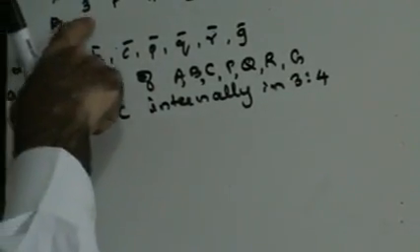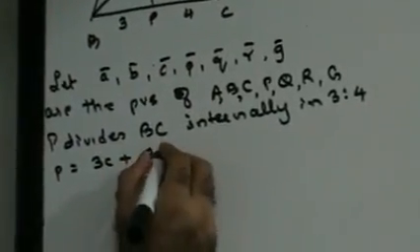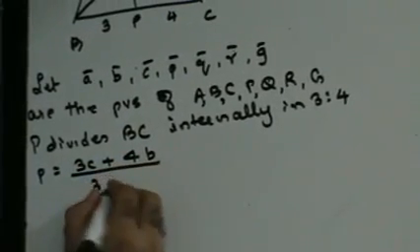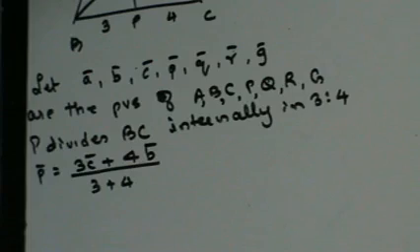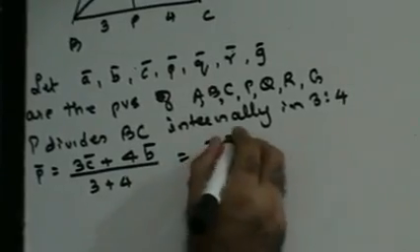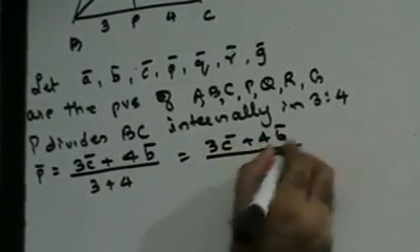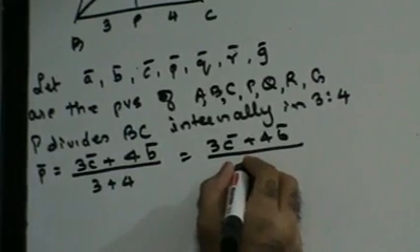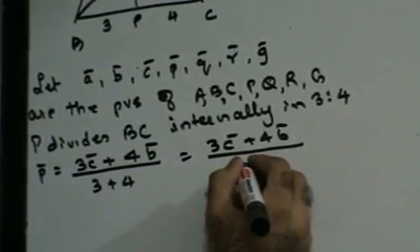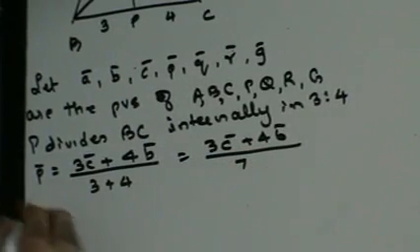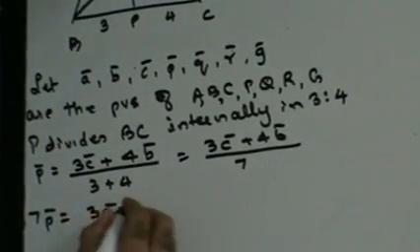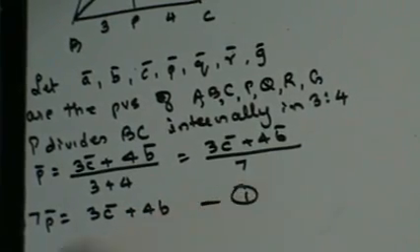If P divides BC internally in the ratio of 3:4, then by internal section formula, P vector will be 3C vector plus 4B vector upon 3 plus 4, which is nothing but 3C vector plus 4B vector upon 7. So I can therefore say that 7P vector is 3C vector plus 4B vector. Call this as equation 1.